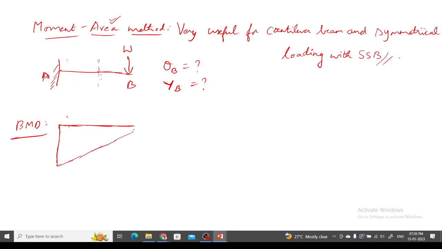And if we consider the reaction at point A, for example, this causes a reaction in this direction, W into this length, say L, and here I am having a moment, W into L. So what is this direction?